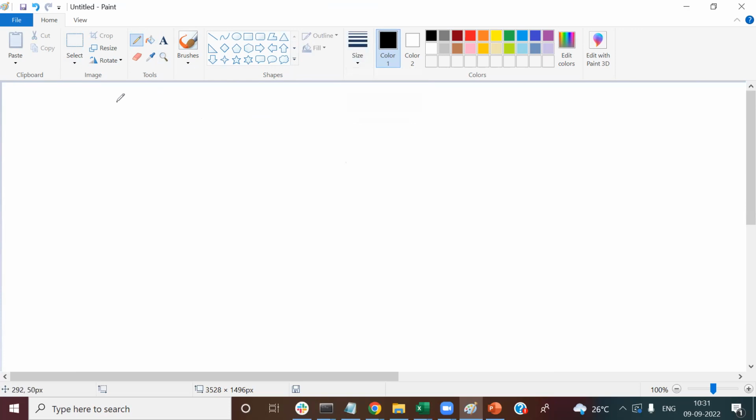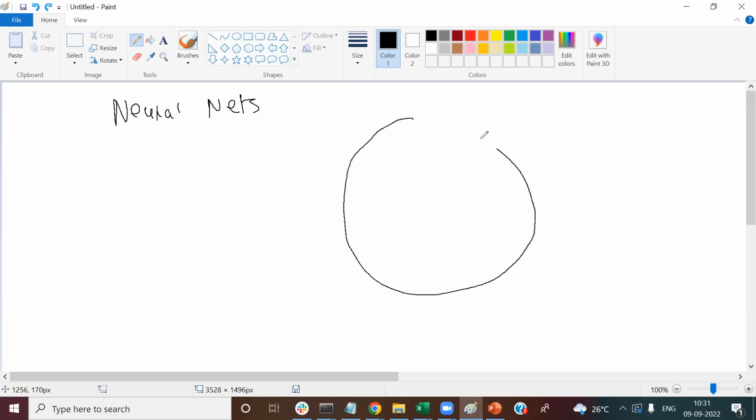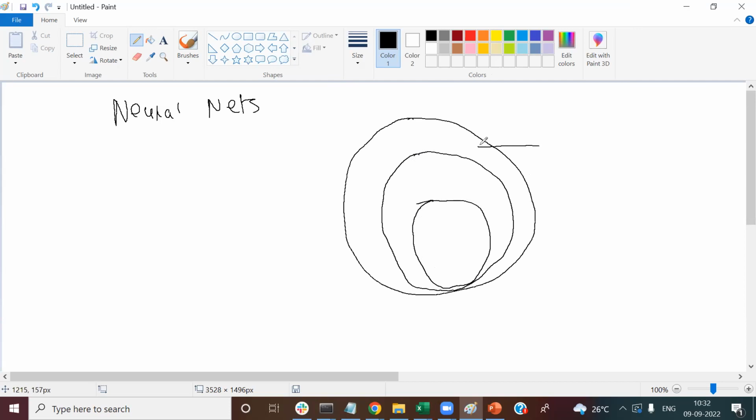Okay, now let's talk about your neural network. So you might have seen this type of diagram. This outer part is your AI. AI is your artificial intelligence.